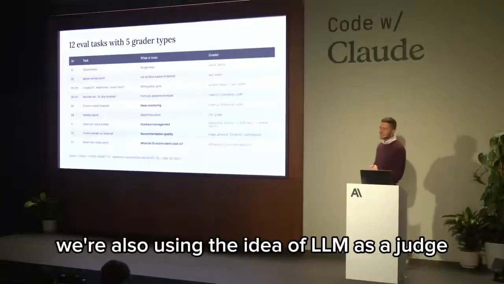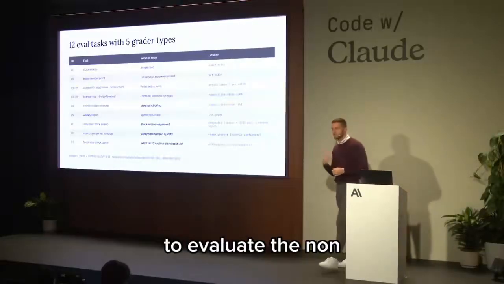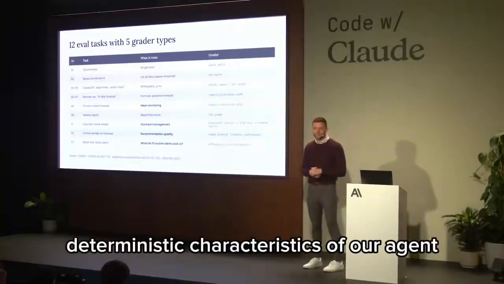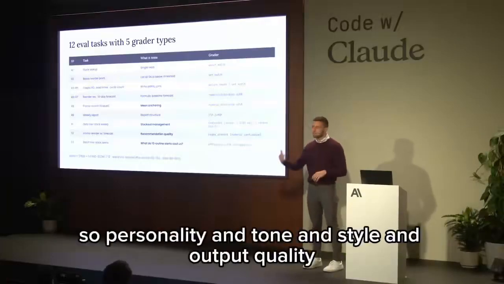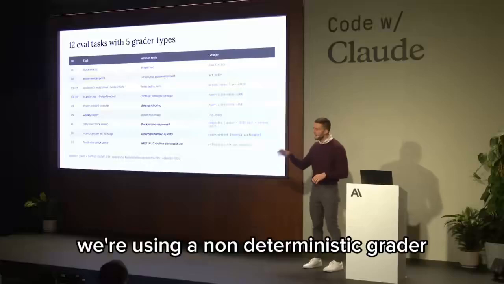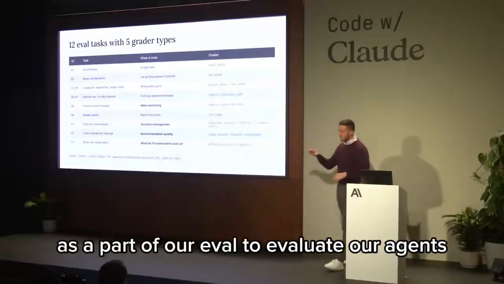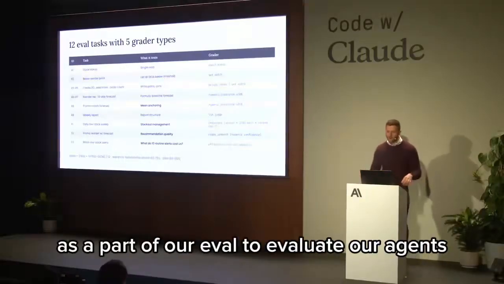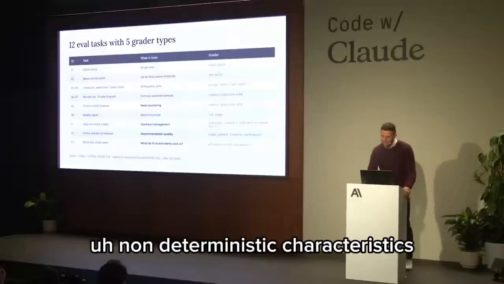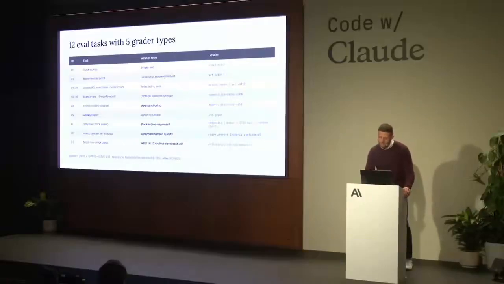We're also using the idea of LLM as a judge to evaluate the non-deterministic characteristics of our agent. So personality and tone and style and output quality, we're using a non-deterministic grader as a part of our eval to evaluate our agent's non-deterministic characteristics.